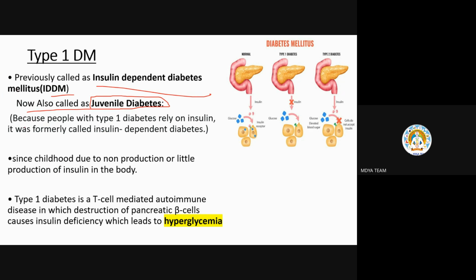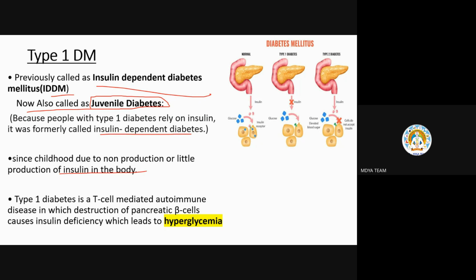Because people with type 1 diabetes rely on insulin, it was formerly called insulin dependent diabetes. Okay, it is completely dependent on insulin. Since childhood, due to no production or little production of insulin, because this usually happens in children. In type 1 diabetes, insulin is not released by the pancreas.